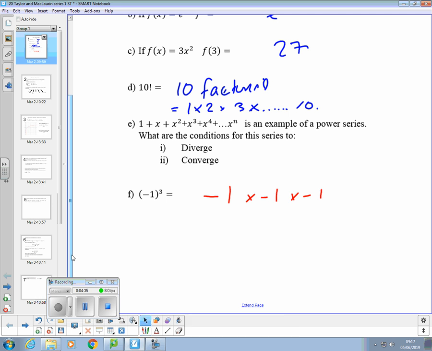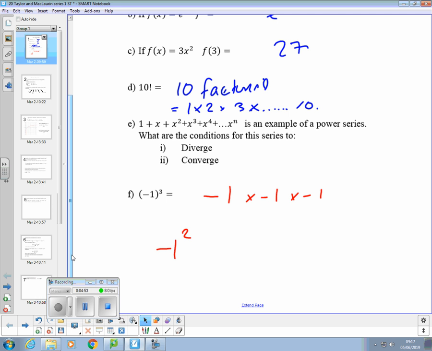Hang on, I do -1 squared without the brackets, and that's wrong, isn't it? Because -1 times -1 is +1.